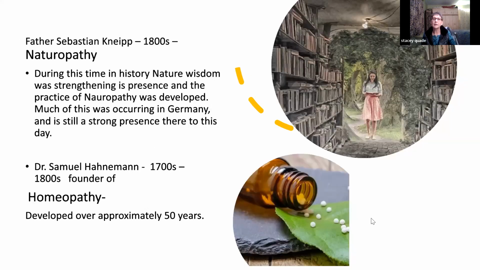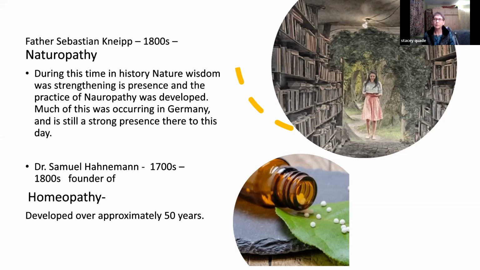So Father Sebastian showed up in the 1800s, and he was the father of naturopathy. During this time, nature wisdom was being strengthened, and there was a more holistic approach still around, and it was much stronger in Europe and in Germany.